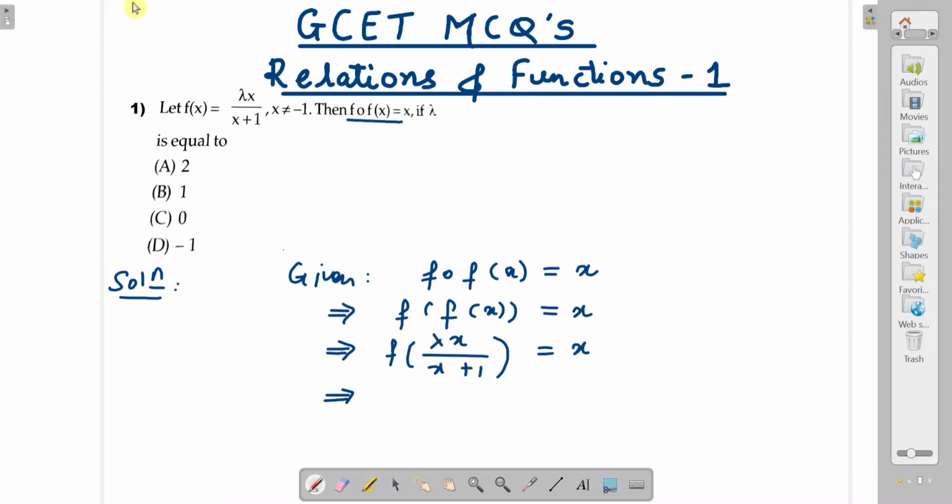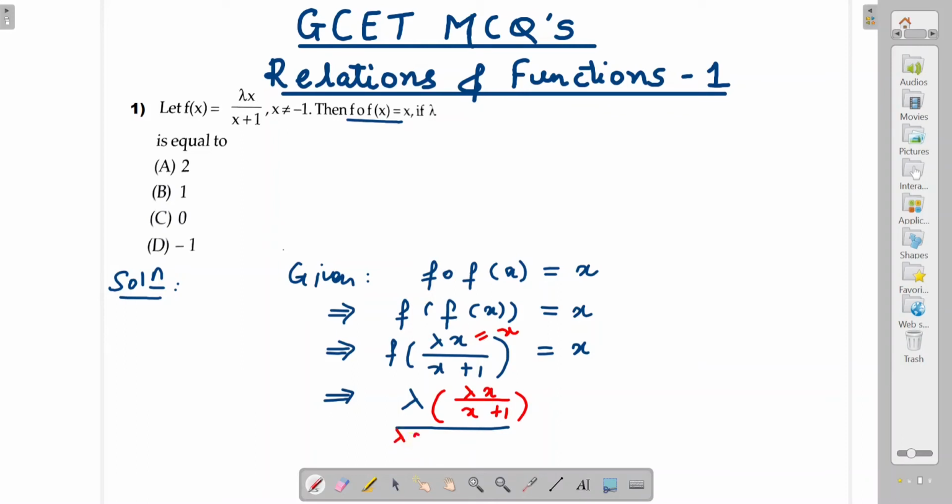So this is now your new x. What will be the value of the function here, f of this x? So that will be λ. The new x is what? The new x is λx/(x+1), and then divided by x plus 1 is there, but your new x is λx/(x+1).